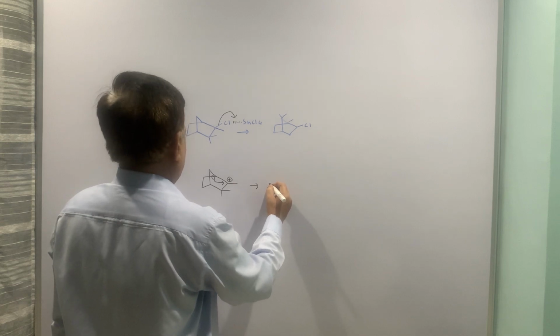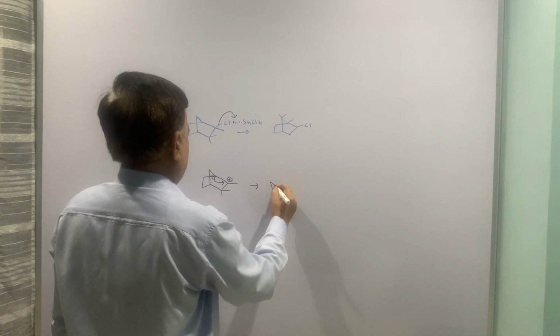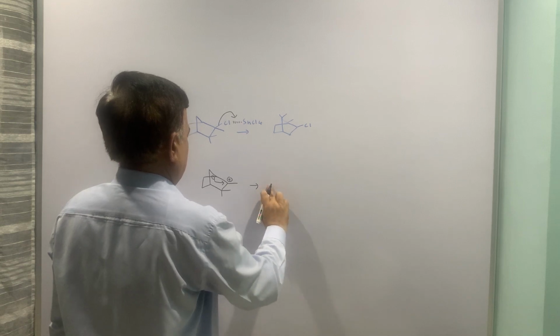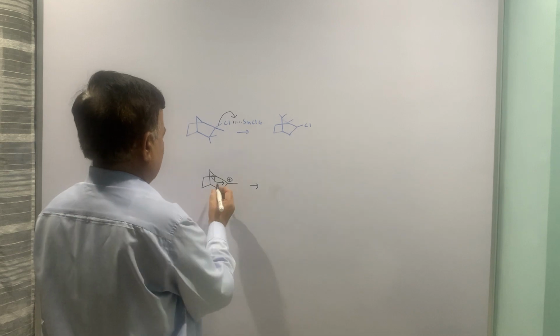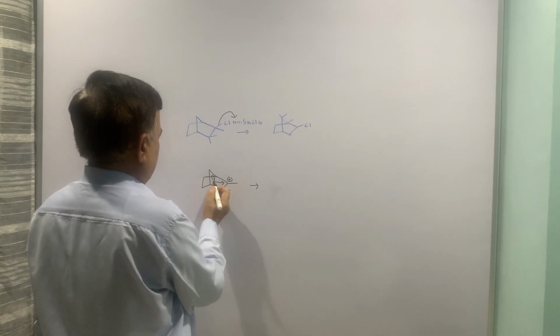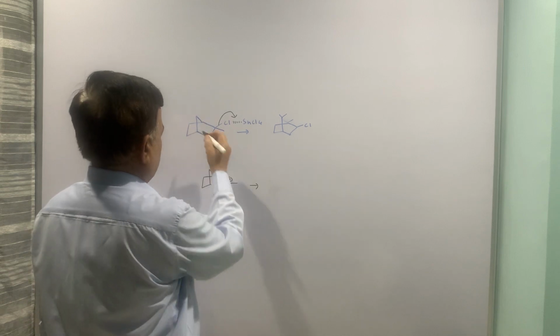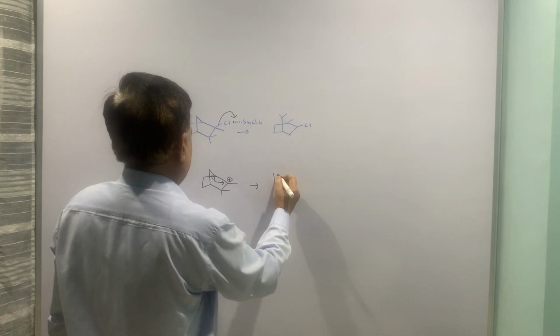So I will just draw it as it appears. Now you can number the atoms also, not a problem. So 1, 2, 3, 4, that is there. So I am drawing it.